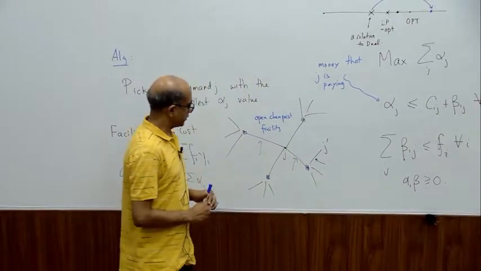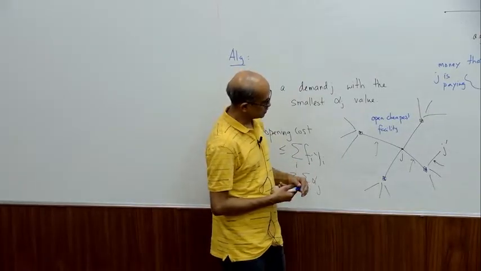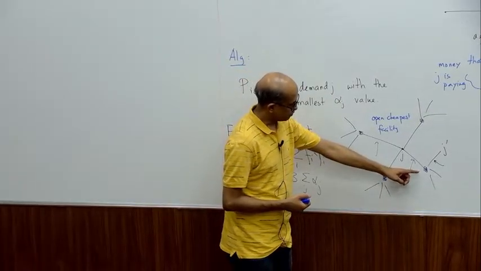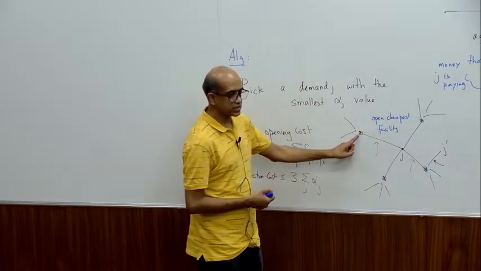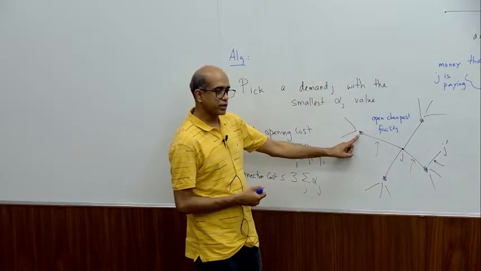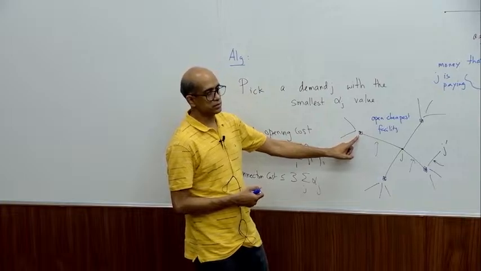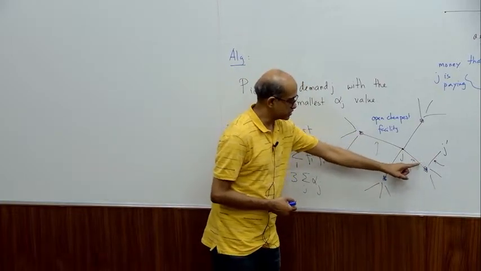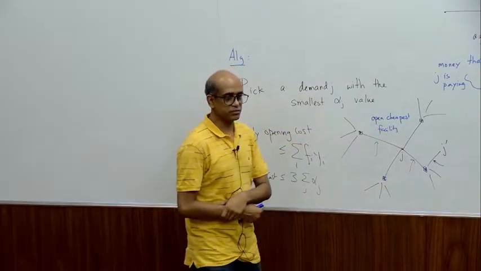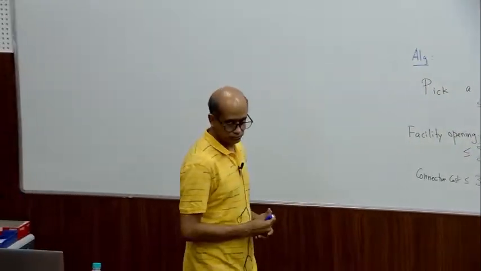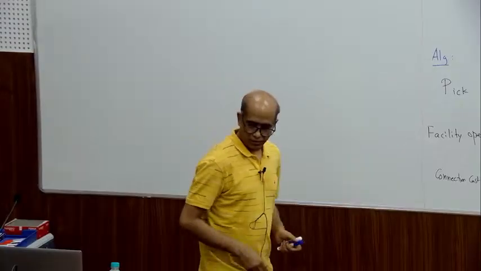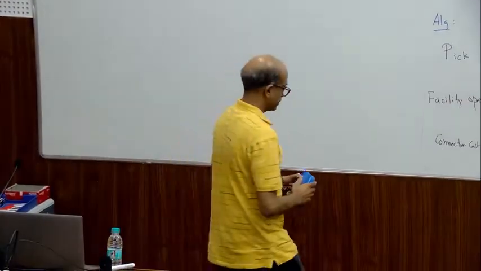No, the metric property is used because, let's say, j prime is getting assigned to this point, and I want to upper bound the cost of this distance here. But this distance is at most this distance plus this. So that's where the metric is used.